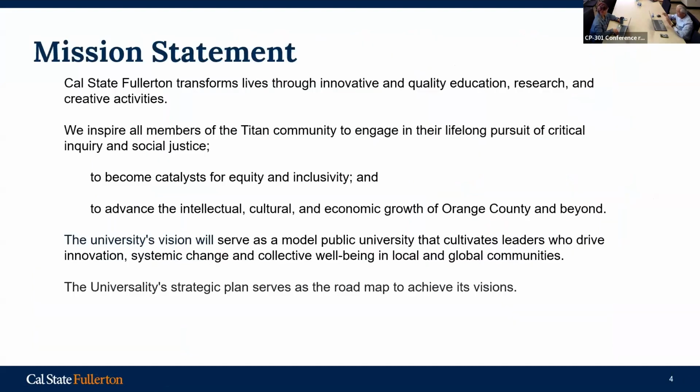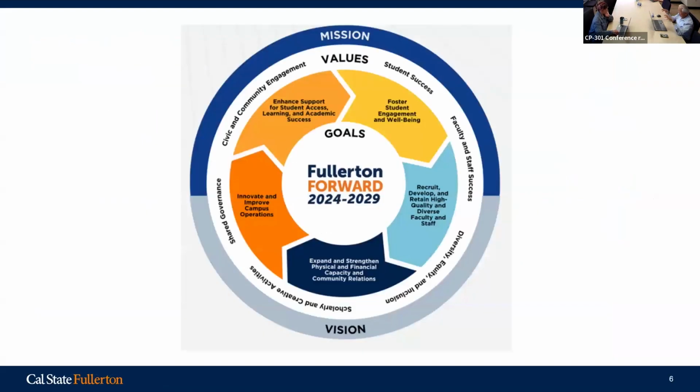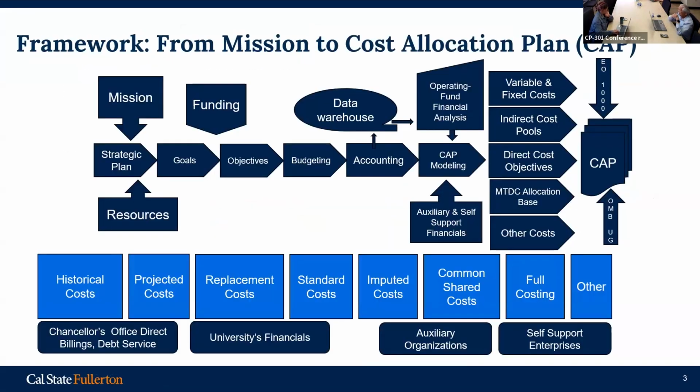Executive Order 1000, just to simplify things, means that when the university provides services to auxiliaries or self-support, the university has to recover those costs, okay, in some fashion. And in order to develop those cost allocation plans, the EO was really developed based on the OMB. UG means uniform guidance. We will see that later on.